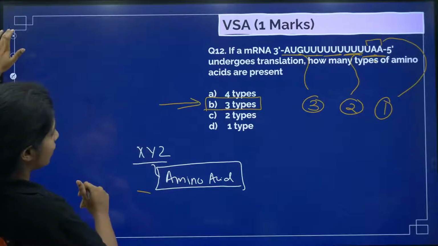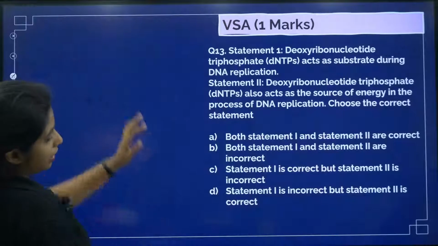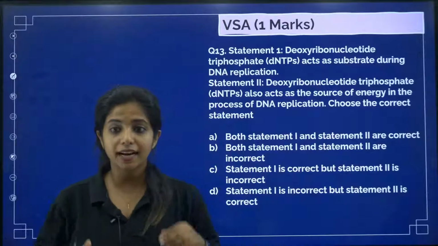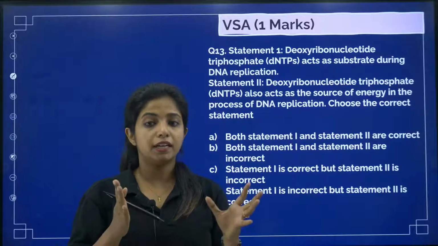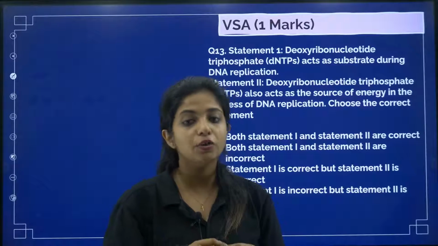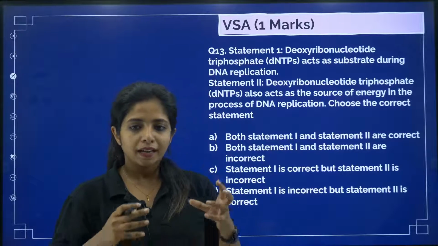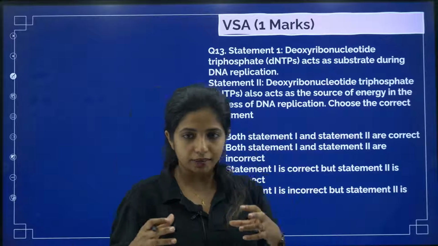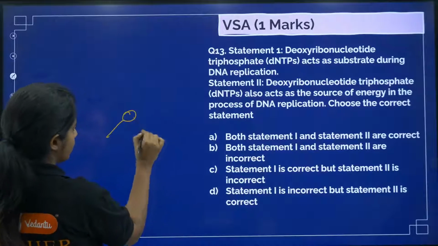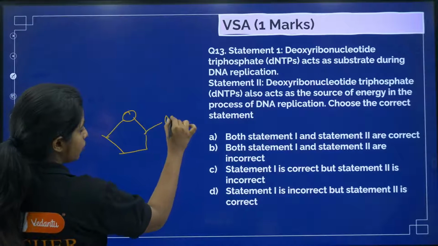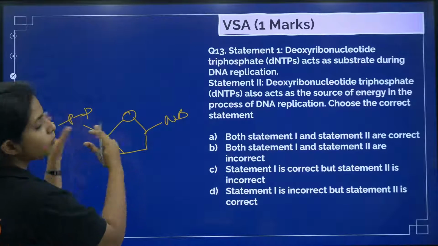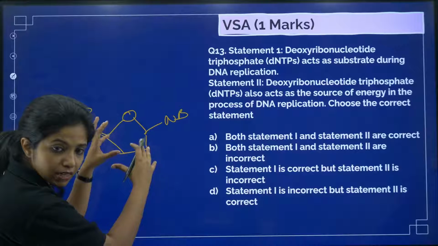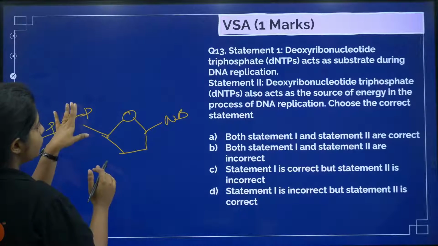Chalo, drawing really good. Now, 13th question. Statement 1: Deoxynucleotide triphosphates, dNTPs, act as substrates during DNA replication. This is the sugar with the nitrogen base, and actually there are 3 phosphates attached, but when we want to make the nucleotides arrange together, we break this bond and we just have 1 phosphate.